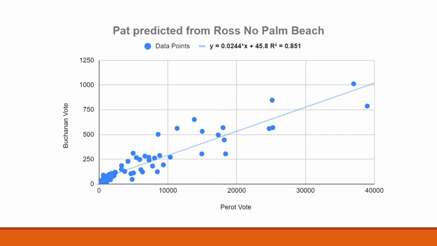This means that 85.1% of the variation is explained. This shows that the Palm Beach data point is significantly different from any other county. This means that people did in fact unintentionally vote for Buchanan instead of Gore during this election.